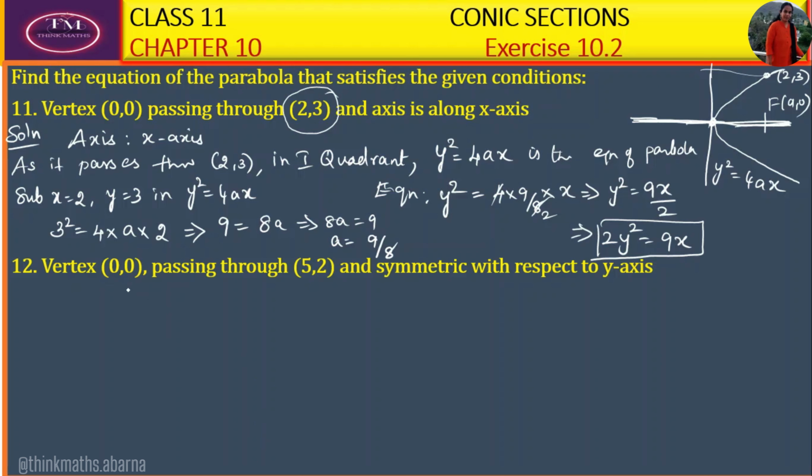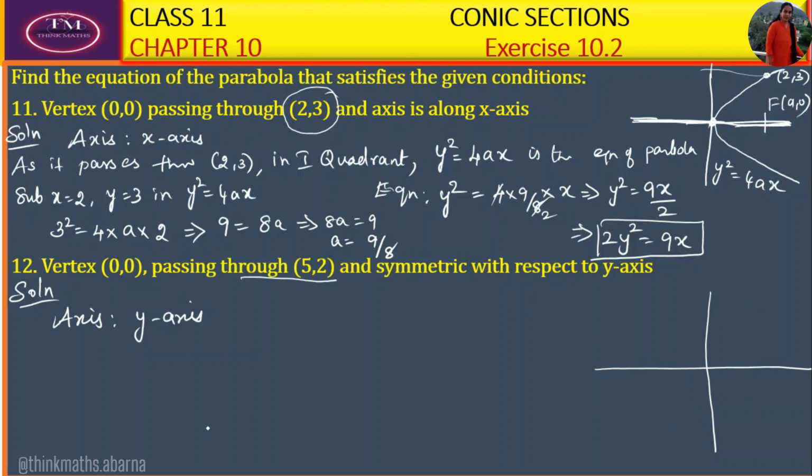Vertex is 0 comma 0 and it passes through 5 comma 2 and symmetric with respect to y-axis. Here the axis is y-axis. Therefore the equation will be x square equal to 4ay or x square equal to minus 4ay. We have to find whether it is facing upwards or downwards using this passing through point.